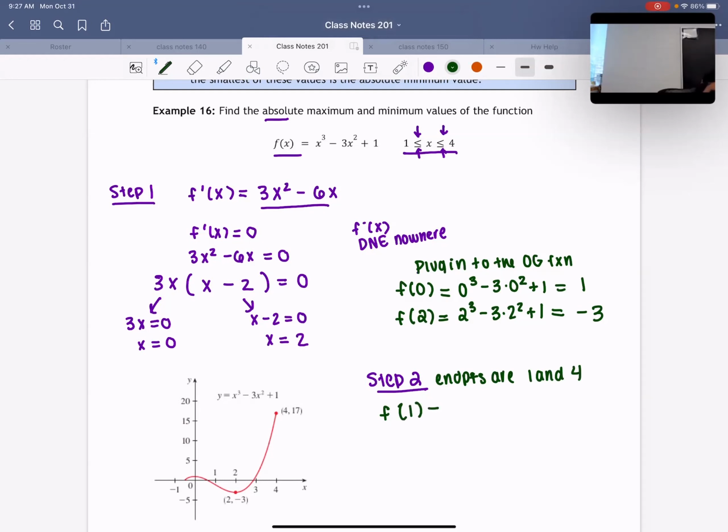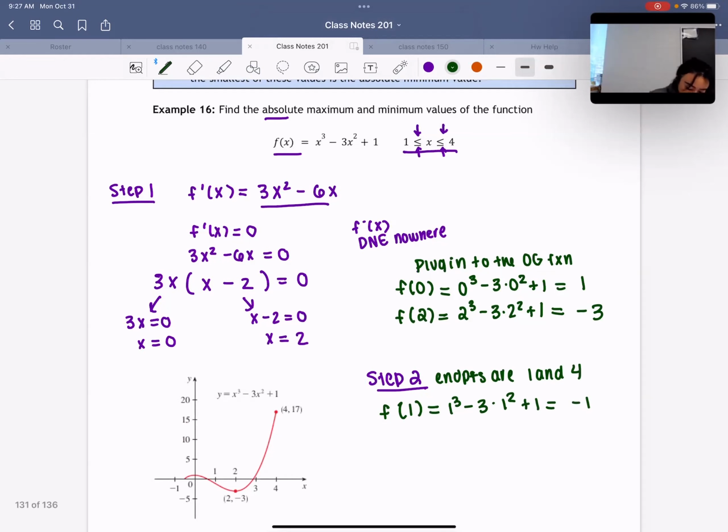So f of 1 is 1 cubed minus 3 times 1 squared plus 1. Okay, which is, gosh, negative 1, I think. We also have f of 4, which is 4 cubed minus 3 times 4 squared plus 1, which is 17.